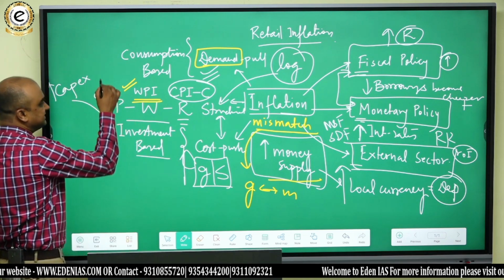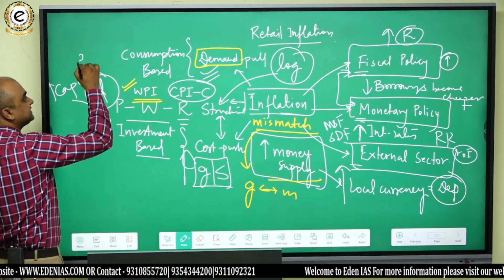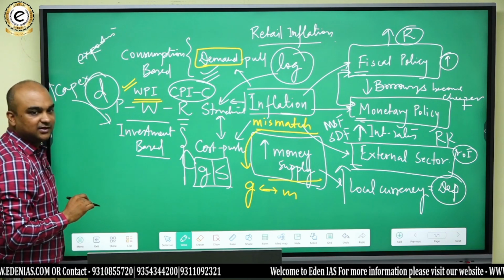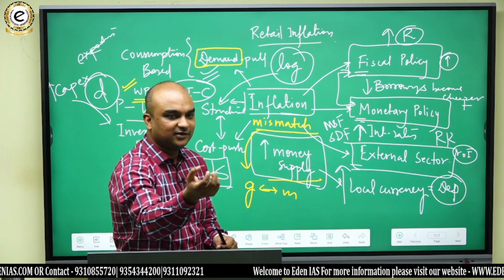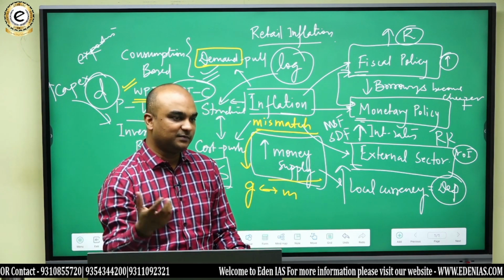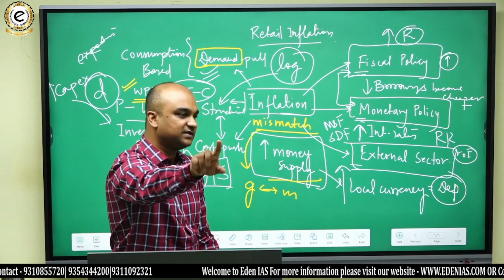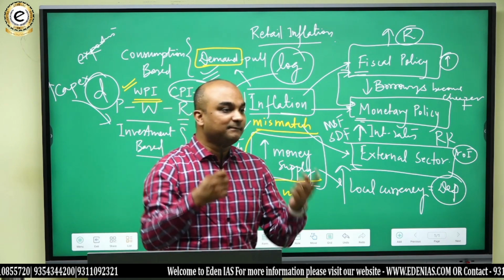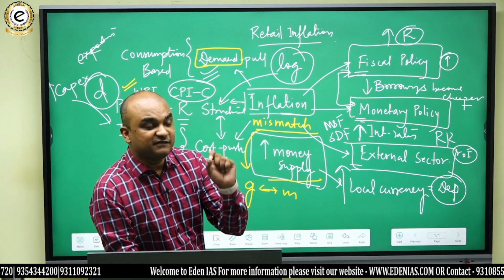And if there is depreciation, it gives an incentive to exporters. You understand that? Because now you can get a few dollars and get more money, more local currency for it, because the local currency is depreciated vis-a-vis the US dollar. But ये कब होगा? Export push कब मिलेगा? When it's an investment-led economy.